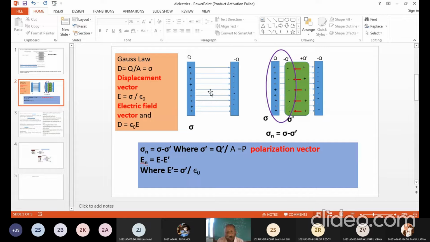Now I just wanted to tell something else. How do you know that the electric field exists or not? All of you can think independently.